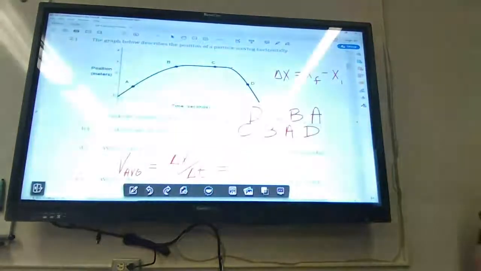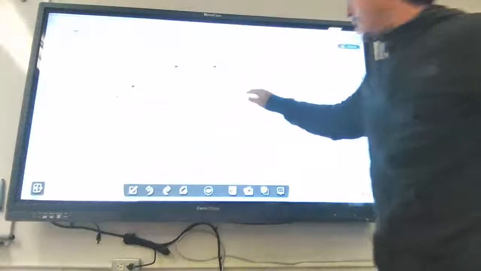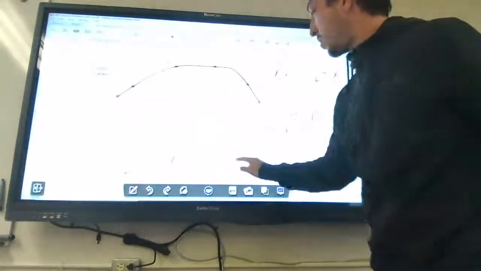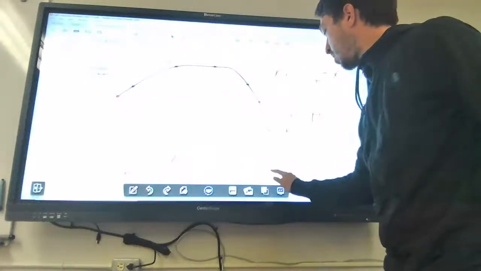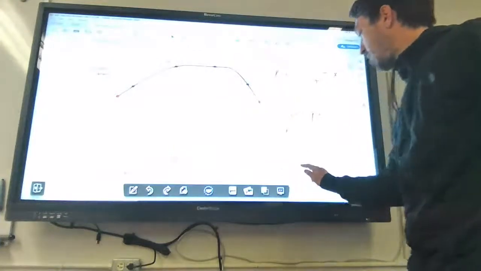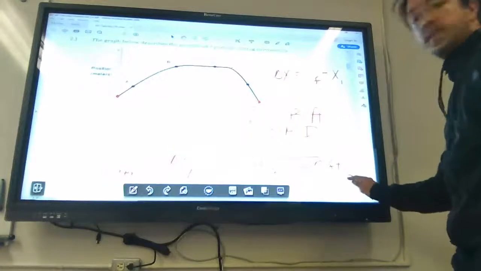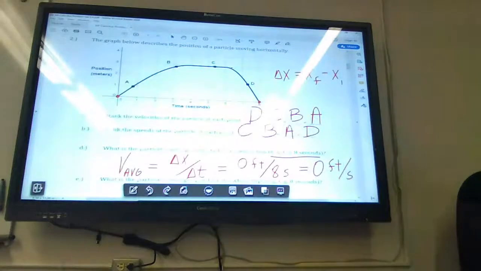In this case, I started at position 0 and I ended at position 0 over this time interval. So my displacement is 0 meters. And that took 8 seconds. And so 0 meters per second is my average velocity. Does that make sense?